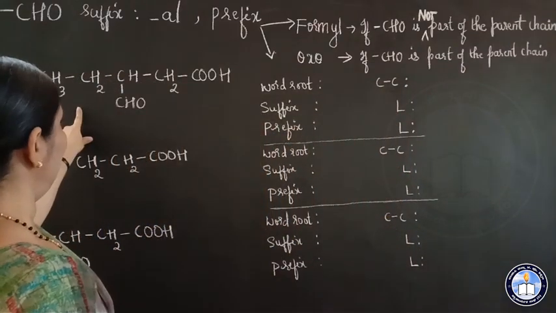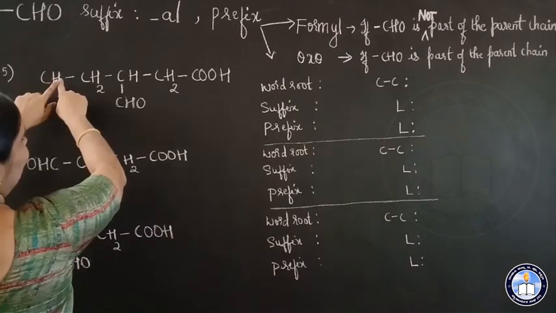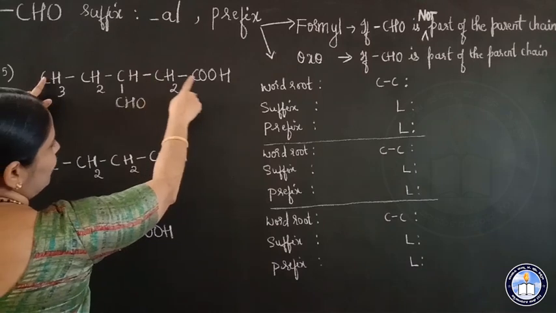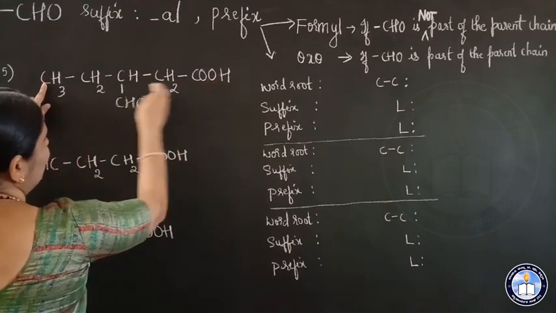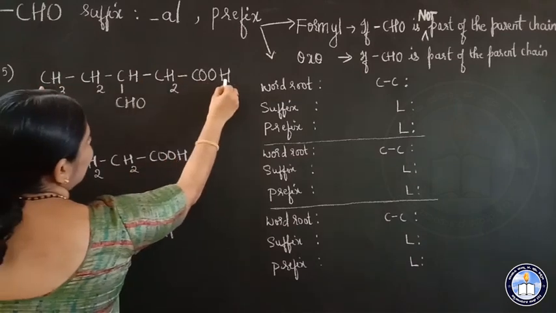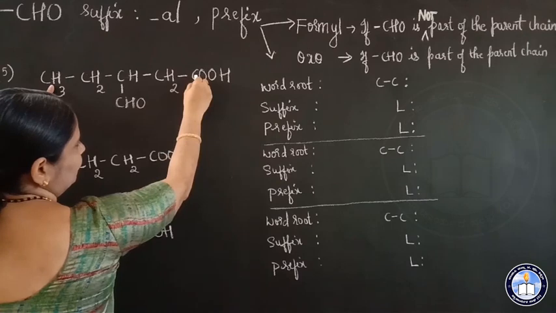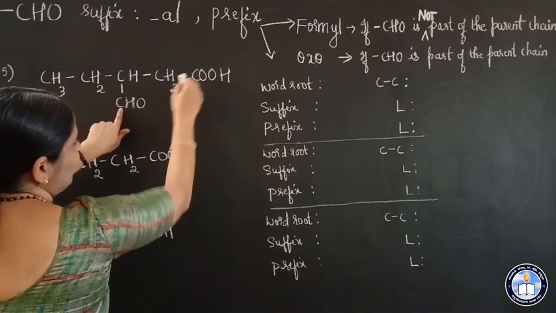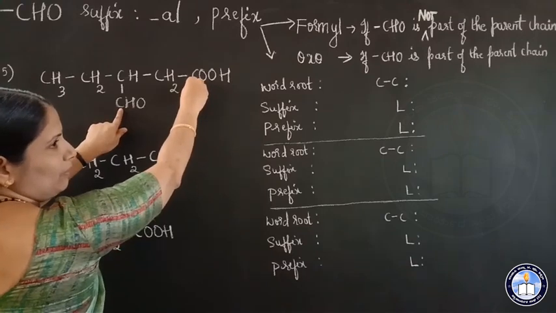See here, in this molecule, example 5, the chain of carbon atoms including the functional group. In this way, the number of carbon atoms is 1, 2, 3, 4, 5. If I select the chain in this way, 1, 2, 3, 4, so less number of carbon atoms.